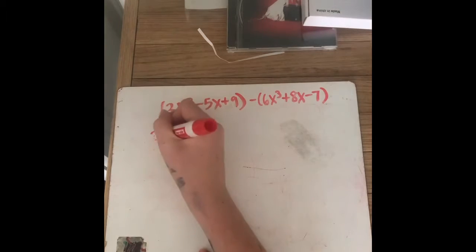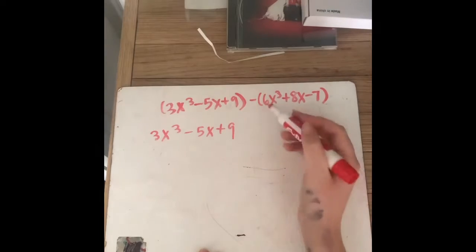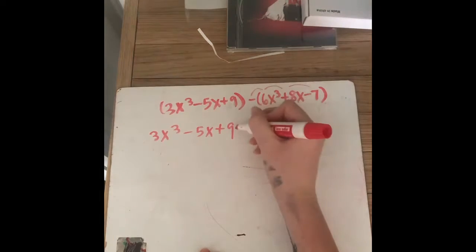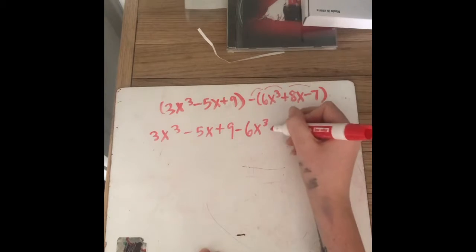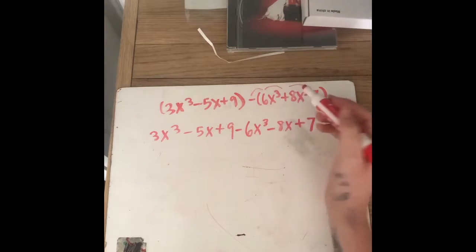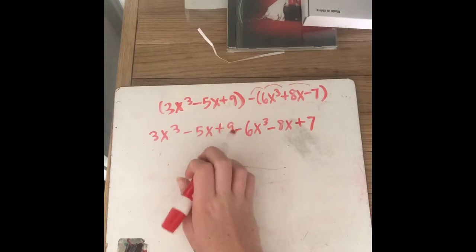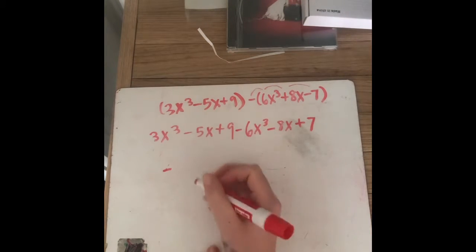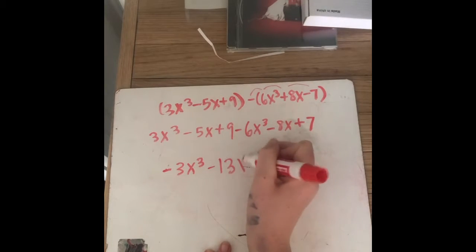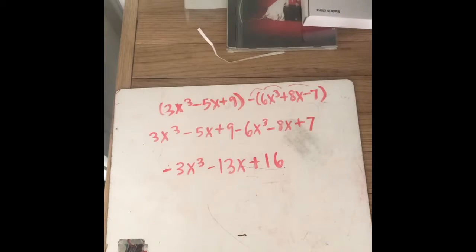And in this case, if we do it horizontally, you're going to want to make sure you distribute the negative. So the negative has to go to all of these. So it would be negative 6x to the third minus 8x plus 7, because the two negatives make a positive. Then from there, you're going to combine like terms. So then you would get negative 3x to the third minus 13x plus 16.